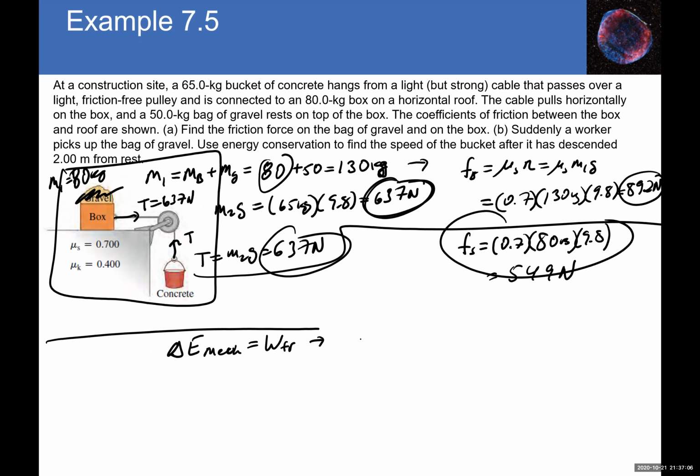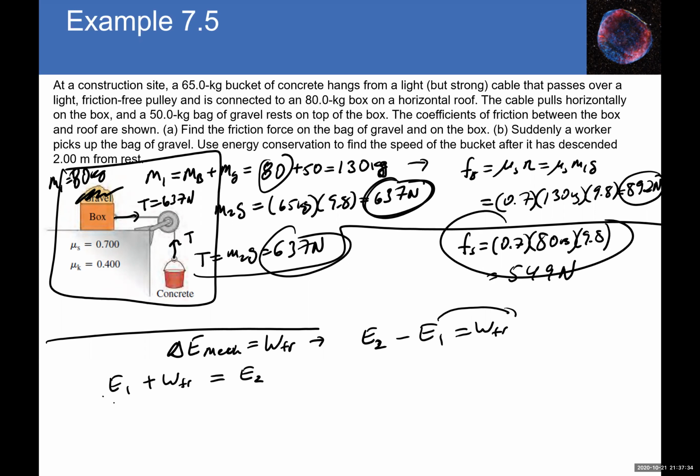That means energy 2 minus energy 1 equals the work done by the friction. I can rearrange it and move it to the other side: energy 1 plus the work done by the friction equals energy 2.